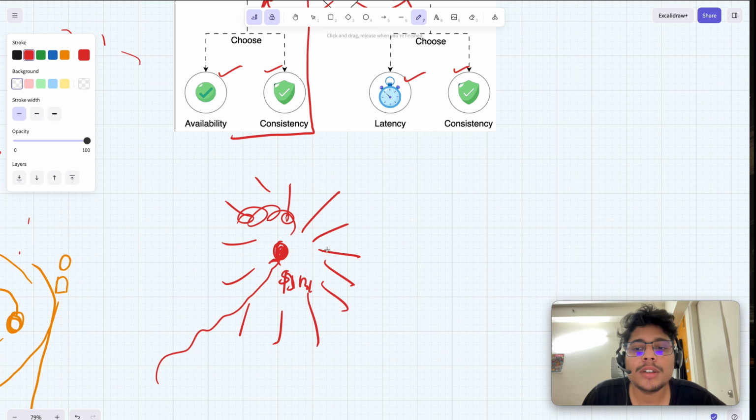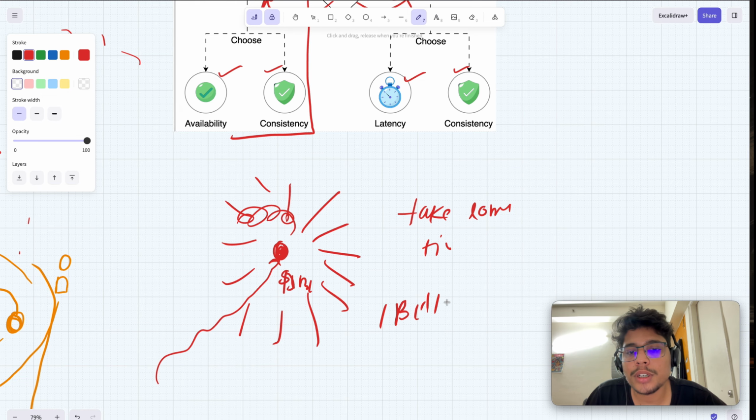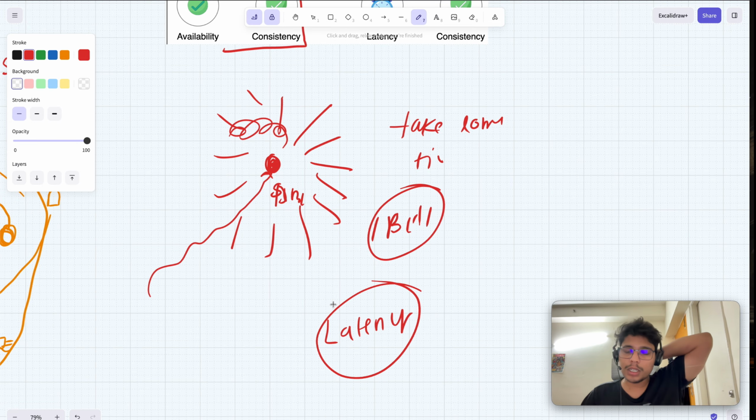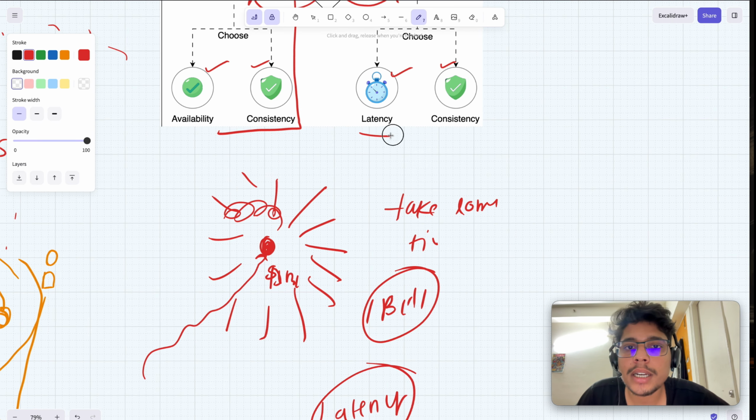So when you have to update all the data, it takes some time. And if 1 billion users are doing the same thing at the same moment, it takes a lot of time. So it creates network latency. And as I told you earlier, the network is an unreliable asset, so you cannot trust it. So here is the concept of latency and consistency.